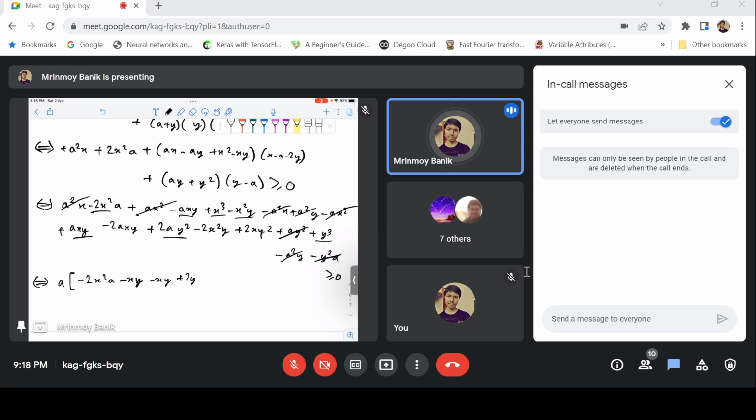The last one we have minus 2y. So minus 2xay plus 2ay squared minus 2x squared y, and the last one is plus 2xy squared. So we have ay squared, y cubed, and minus a squared y and minus y squared a. So here 2axy cancelled.